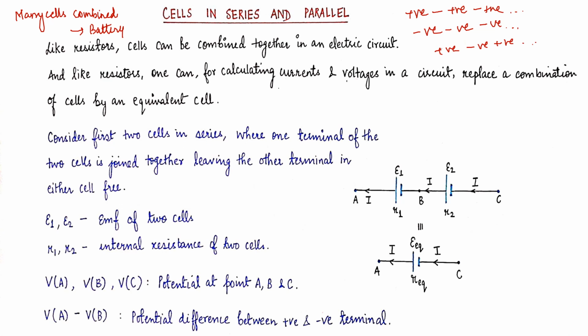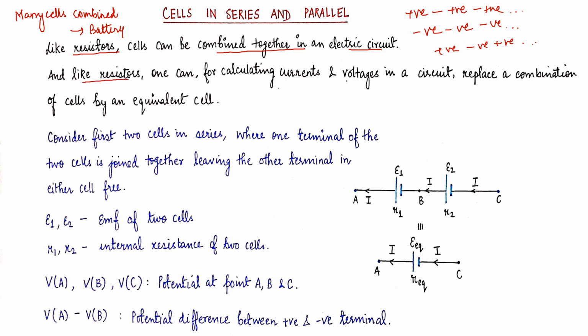So this cell combination is the same as the resistor, and in the same way we are going to find the formula for their combination. Like resistors, cells can be combined together in an electric circuit.